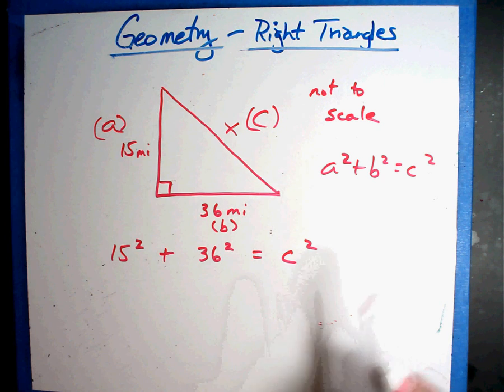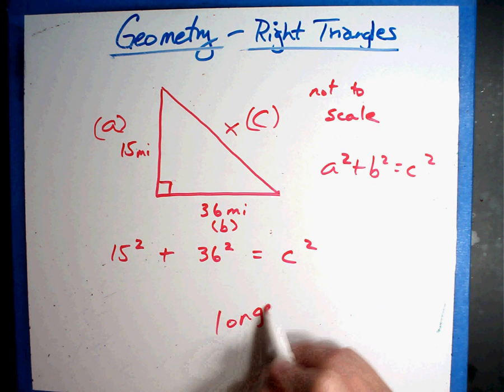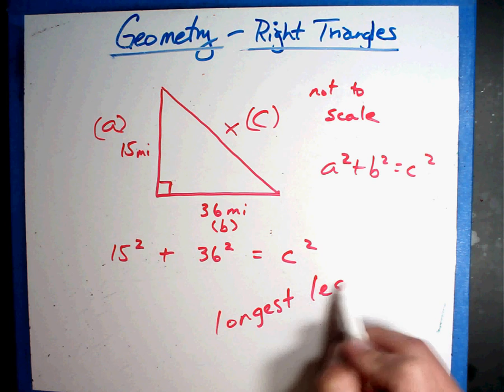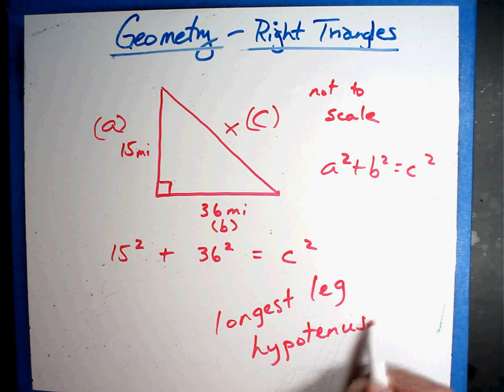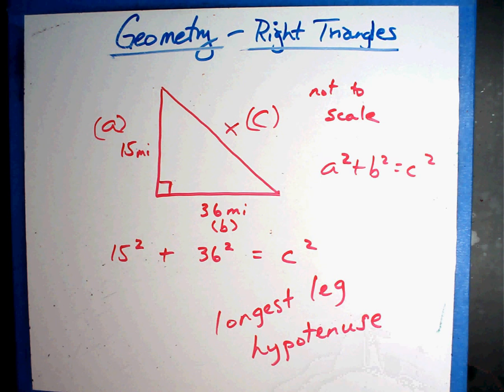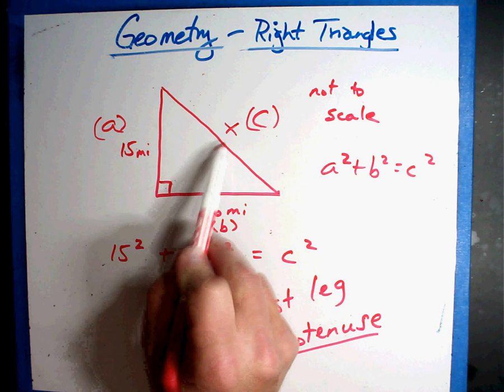Now, sometimes they throw this word out there, so I'm going to go ahead and write it down for you. The longest side is called the hypotenuse. That's an interesting name, and I want to make sure you've seen it just in case they ask you, how long is the hypotenuse? That's the longest side. It's always going to be across from the 90-degree angle.